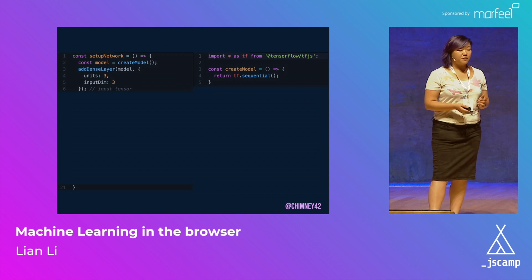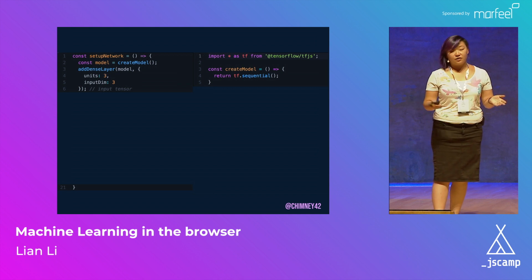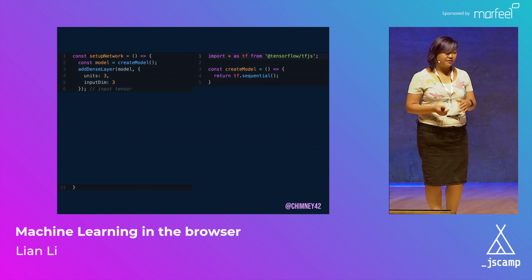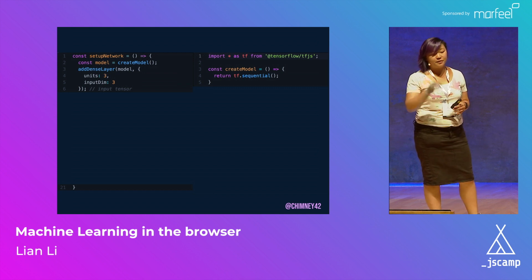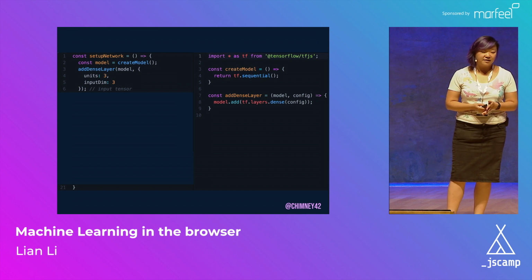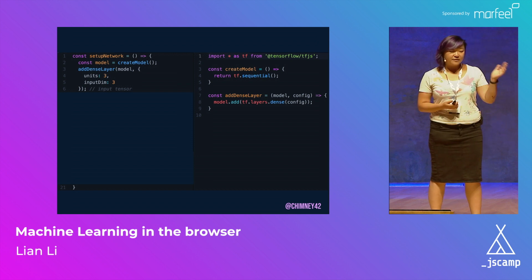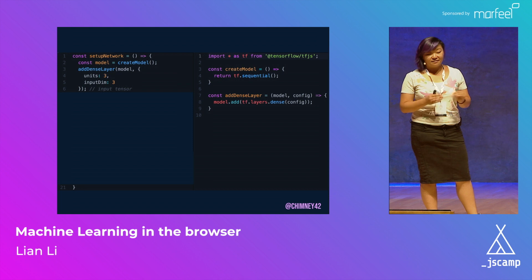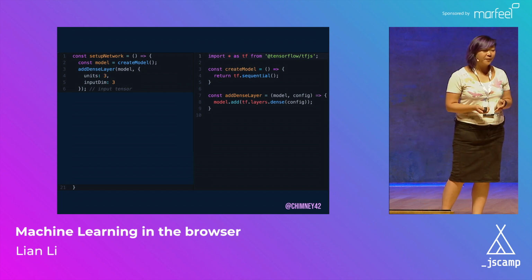And we also have to specify an input dimension, which is also 3 because, like I said, those are those 3 inputs. So this represents our input tensor. And what happens in that magical function is just that we take the model, we literally just add this layer, and then pass that config that I described in. It's pretty easy, actually.